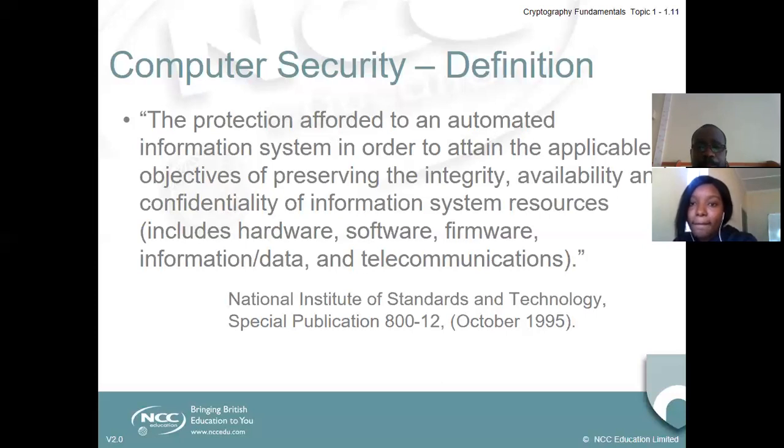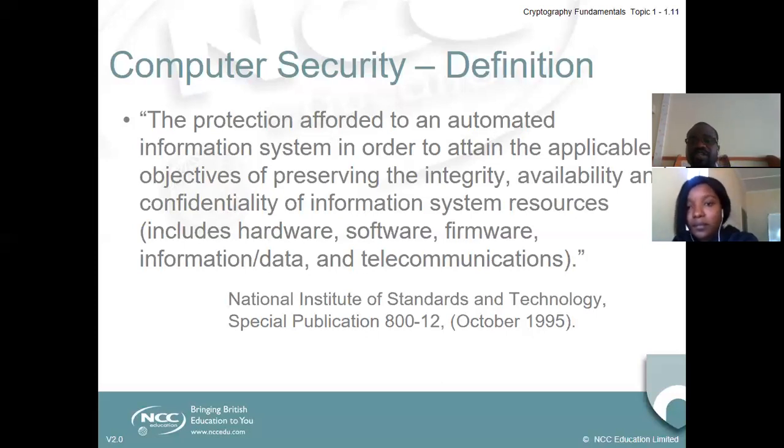Then we talked about integrity. What do you understand by the word integrity? So after this class, you should go and research on the CIA triad, or we can say CIA triangle, it's the same. Research on it.